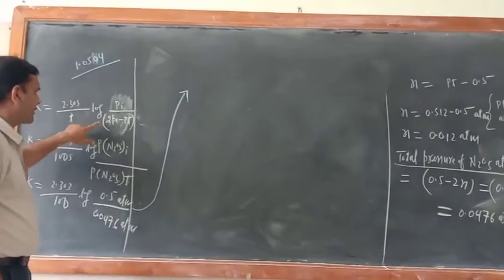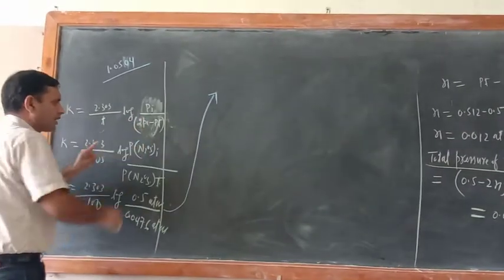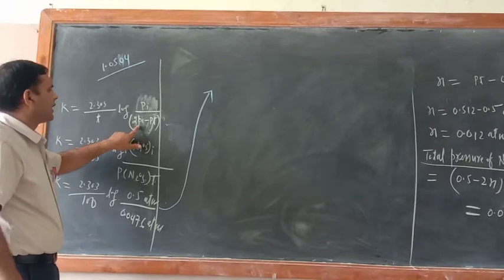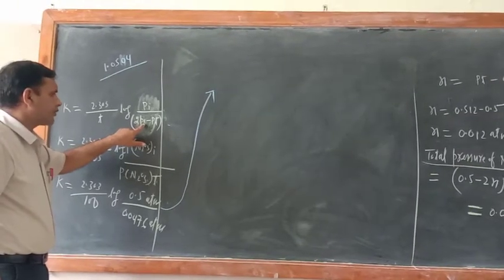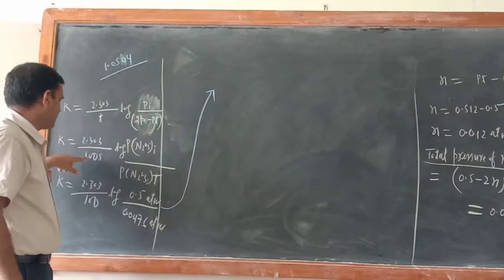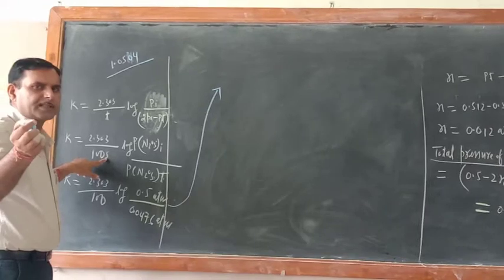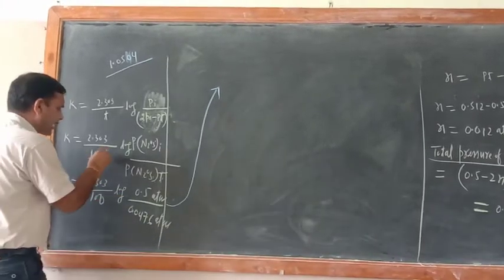Dear cadets, remember one thing: if you want to solve from this formula, that can also be solved. Here you should write the initial pressure, and here the total pressure at time 100 second. One place I said degree Celsius, sorry for that, it is 100 second.